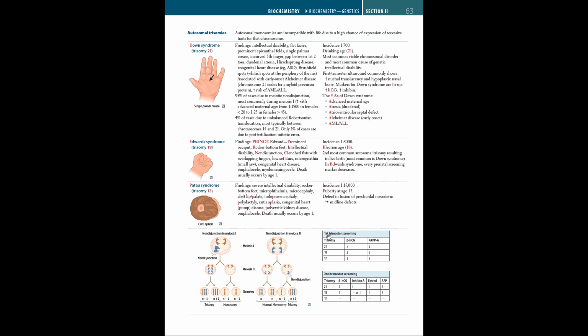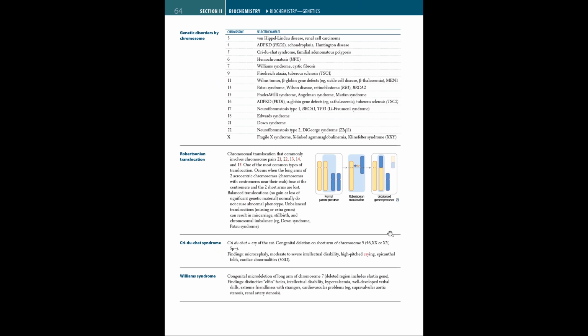Here in the diagrams, you have the first trimester screening for trisomies and the different levels of beta HCG and PAPP-A, and second trimester screening as well. All right. Now we have the genetic disorders by chromosomes.